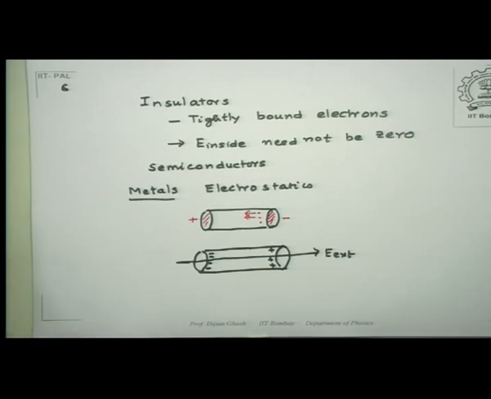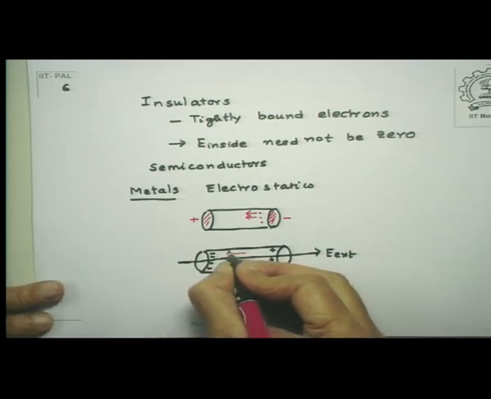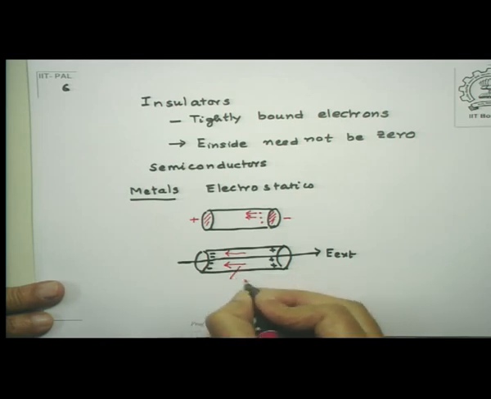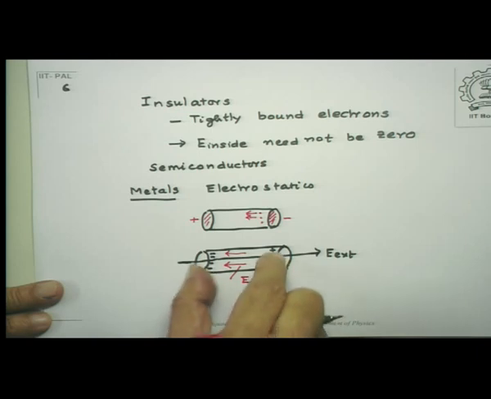The result of this is to create an effective field inside the material, let us call it E in, and this will go on till the field inside, which was E external to begin with, has been exactly cancelled and there is no longer any field there.